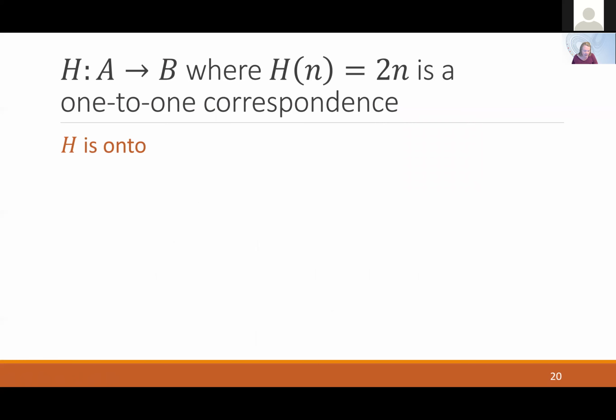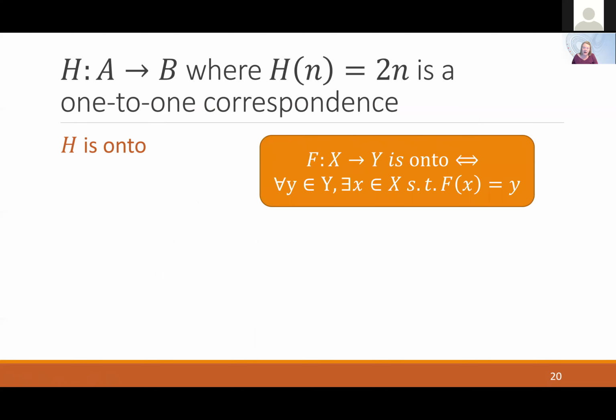So h has to be onto, which means that for every y in the codomain, every output, there is an x in the domain such that f of x equals y. So for every y in the codomain, there's an x that will get us to that y value.